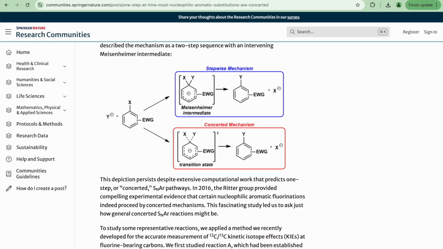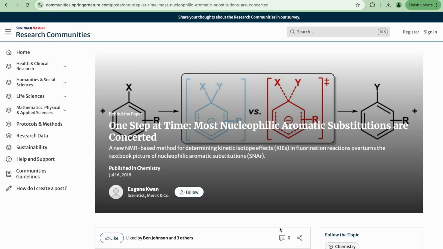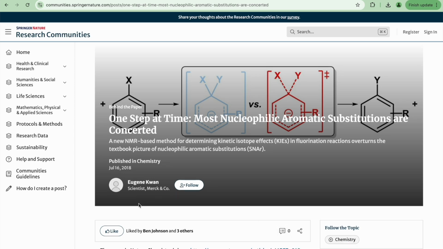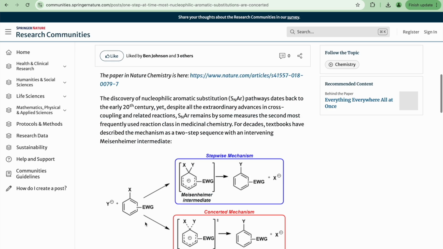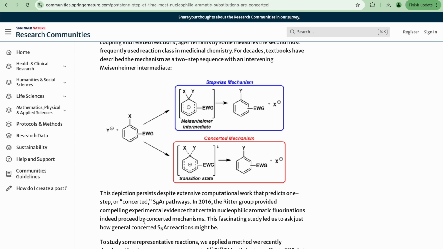So the reaction we're going to be studying are these concerted nucleophilic aromatic substitutions from a 2018 paper by Eugene Kwan and coworkers. And this paper, not super relevant for this video, but essentially argues that most SNAr reactions, most nucleophilic aromatic substitutions, in fact don't proceed through the textbook Meisenheimer intermediate, but instead proceed through a concerted one-step mechanism with no intermediate.